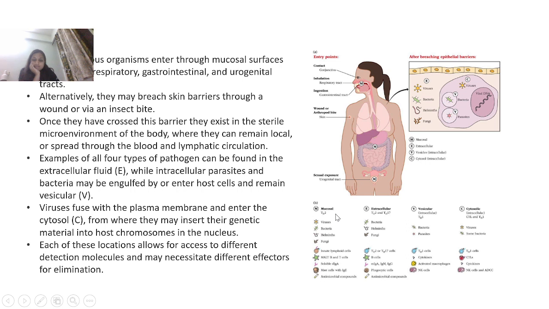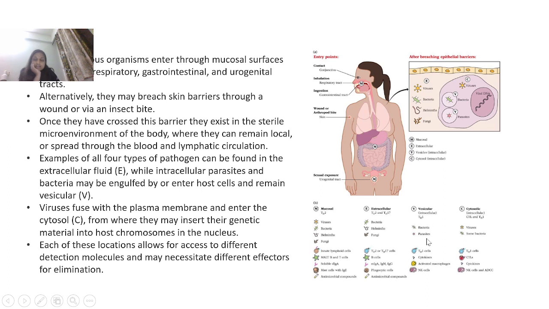For example, the pathogens entering via the mucosal surfaces, for example virus, bacteria, helminth, fungi, will activate these signaling pathways. Then these extracellular ones like bacteria, helminths, and fungi will also activate these pathways.